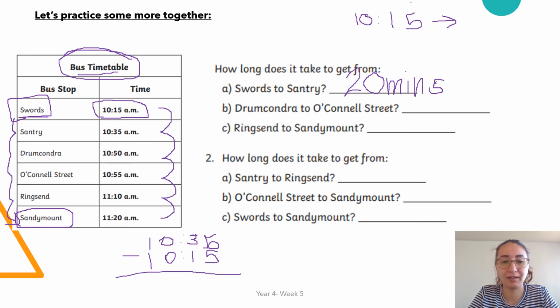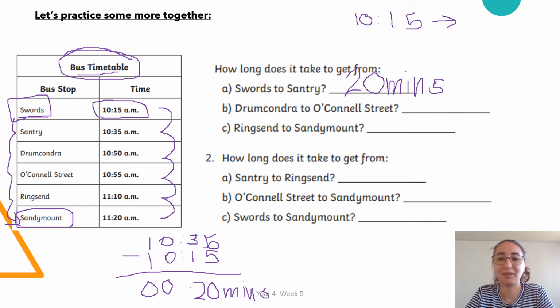It would be 5 minus 5 is 0. 3 minus 1 is 2. We've got 0 minus 0 and 1 minus 1, which is 0. So here we can see the difference. Oh, I love that maths word, difference. And difference means minus or take away, so 20 minutes. Okay, so there are two options. You can skip count by fives, just like on the intervals of a clock, or you can use your subtraction skills to find the difference.